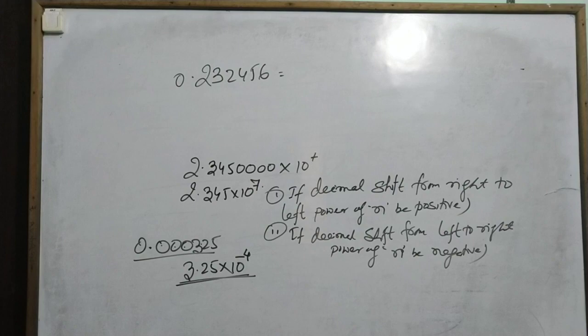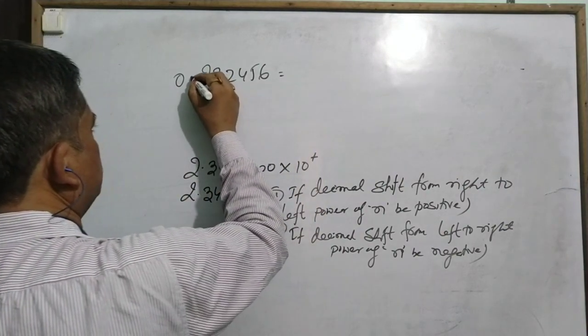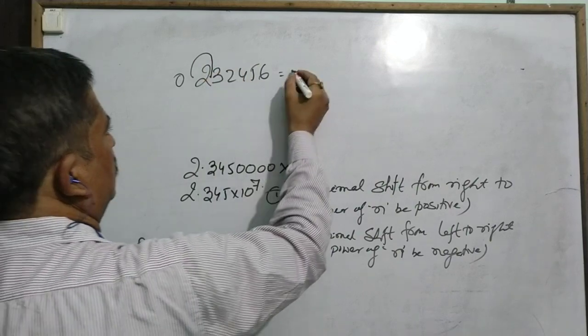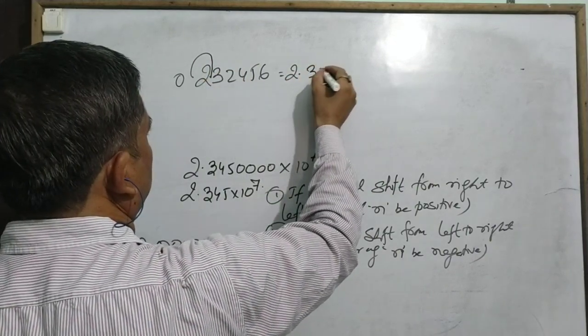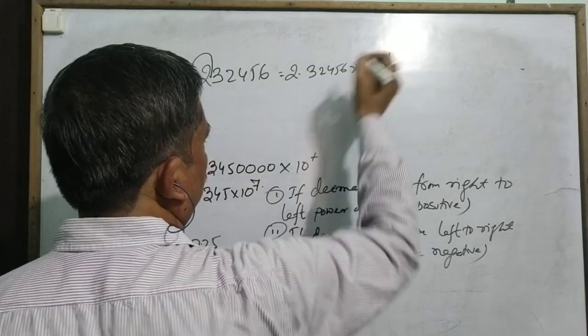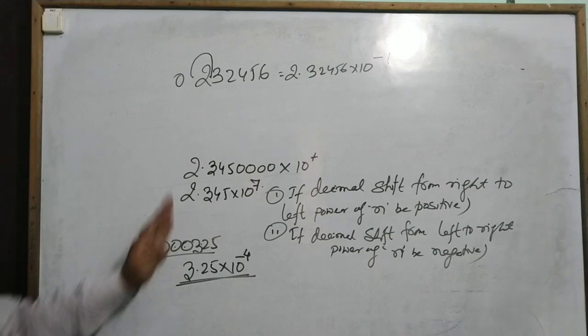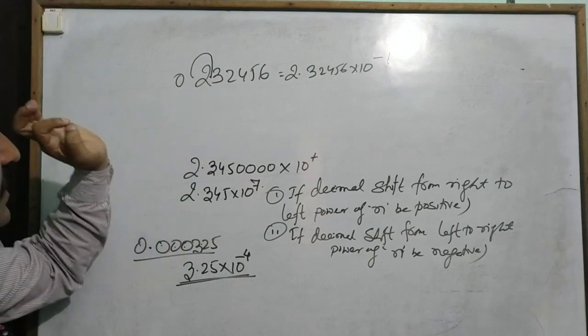You simply shift the decimal. Say 2.3246 into 10 power minus, because we check the first digit.